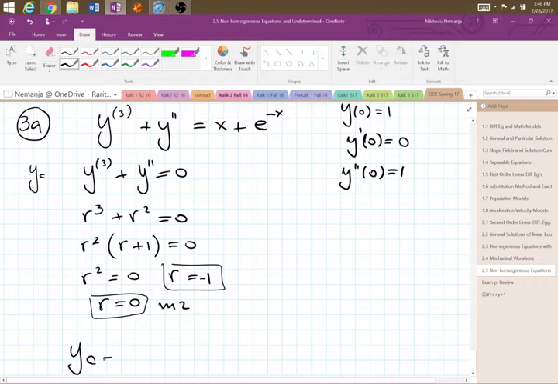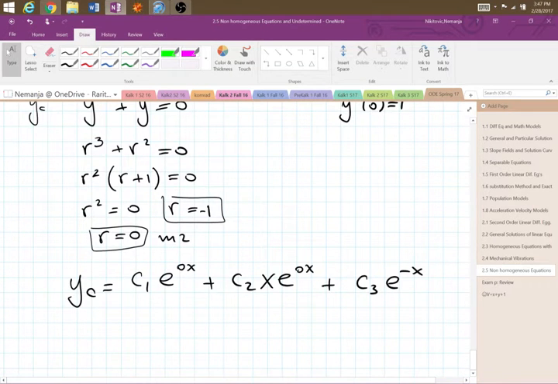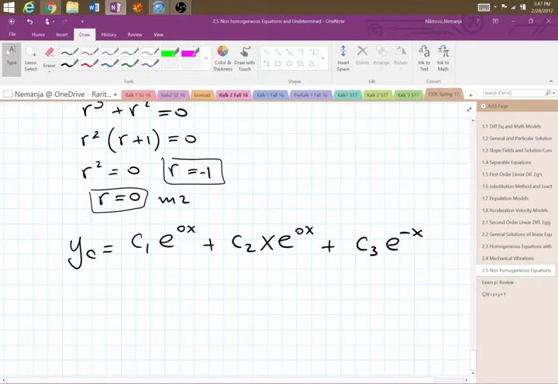So we have yc is equal to c1 e to the 0x plus c2x, it's duplication, e to the 0x plus c3 e to the negative x. Are we all okay with this? Now how much is e to the 0x? 1. So yc is equal to c1 plus c2x plus c3 e to the minus x. That's the complementary part. Do we all get this?